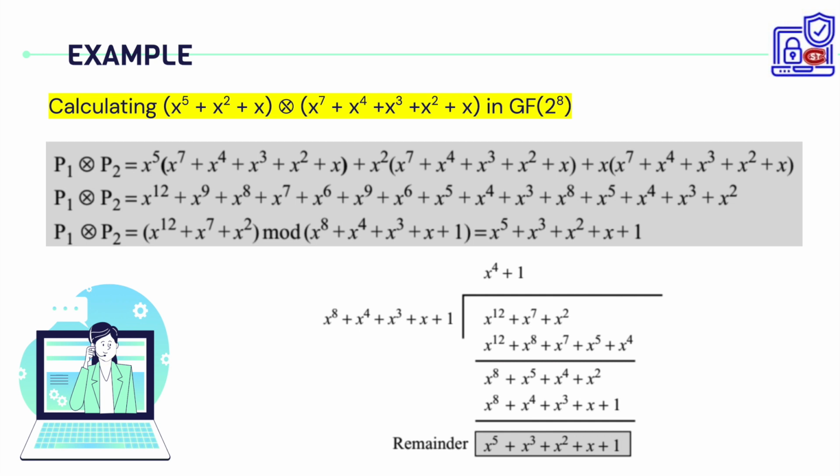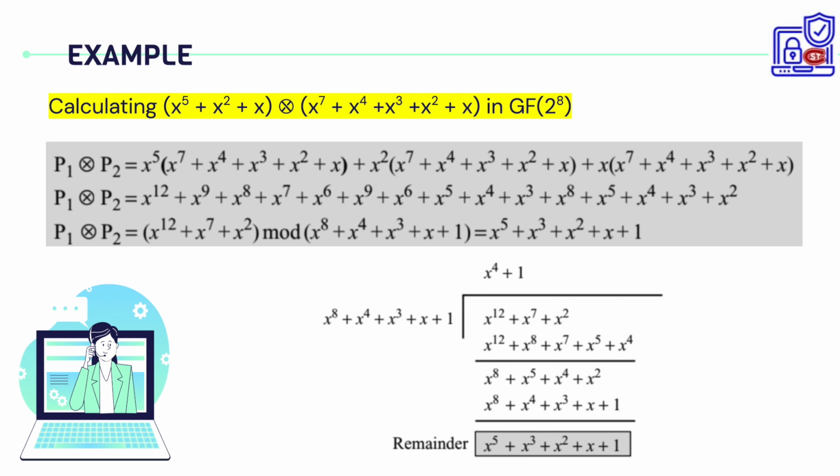We get x^12 + x^8 + x^7 + x^5 + x^4. Subtracting them from x^12 + x^7 + x^2, we get x^8 + x^5 + x^4 + x^2.